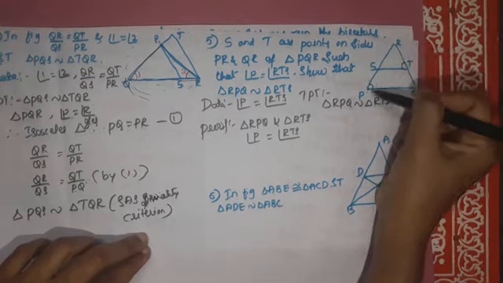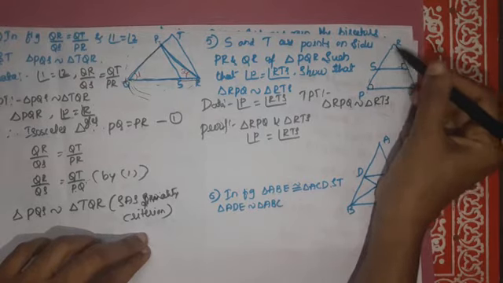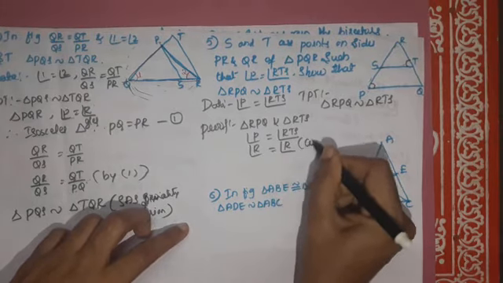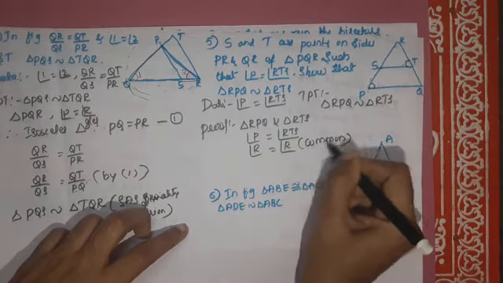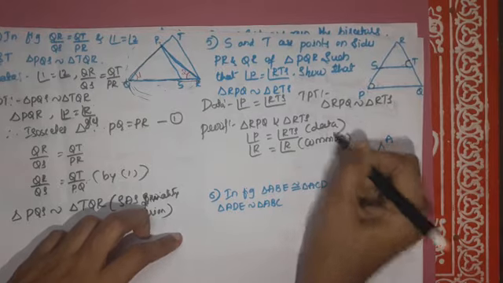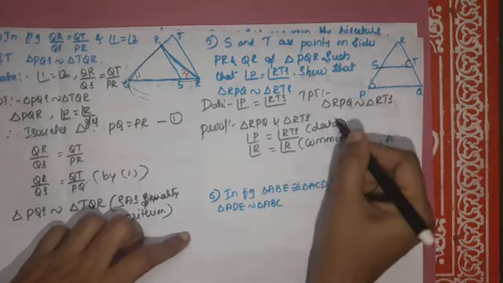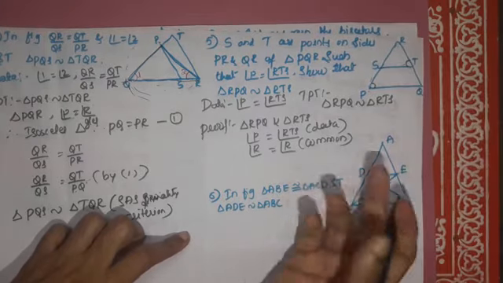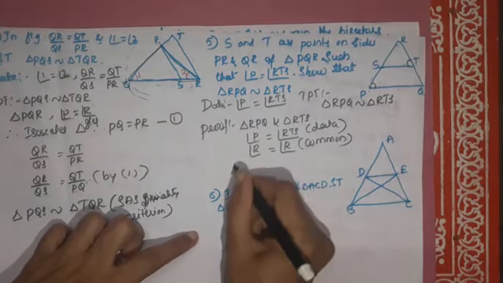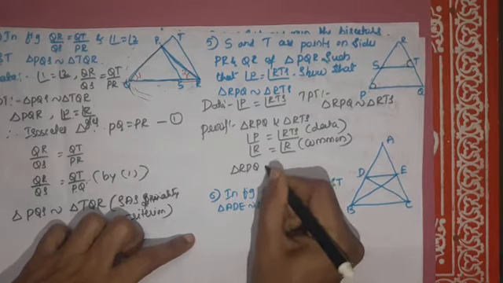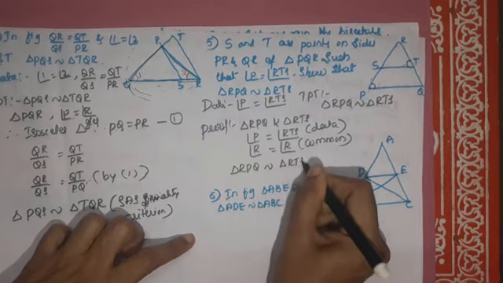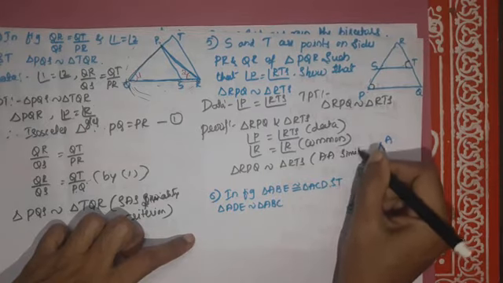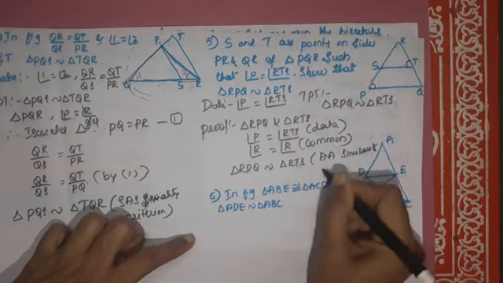In this triangle R is common, in this triangle R is common, so angle R equals angle R. So this is in the data and this is the common one. If two angles are equal then automatically the third angle will be equal. Therefore these two are similar. Triangle RPQ is similar to triangle RTS by AA similarity criteria.